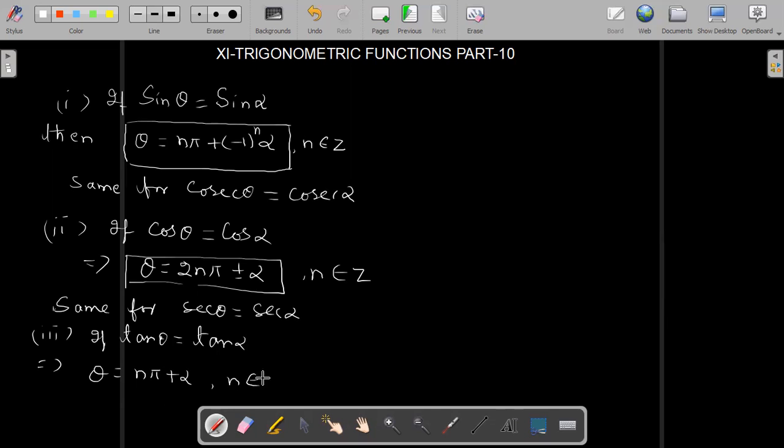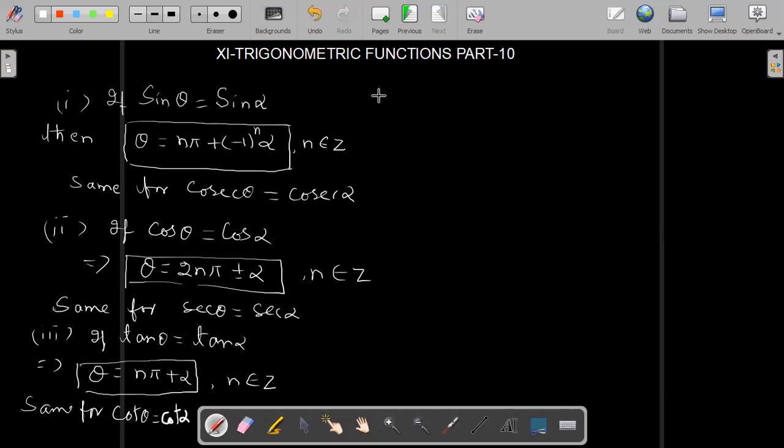So n belongs to integers, and theta is equal to n pi plus alpha. The same applies for cot theta is equal to cot alpha.